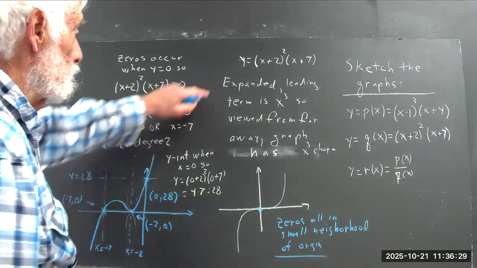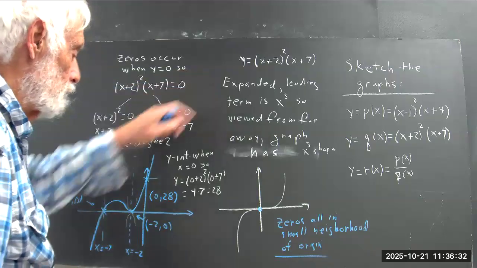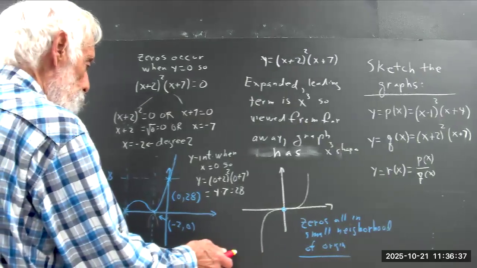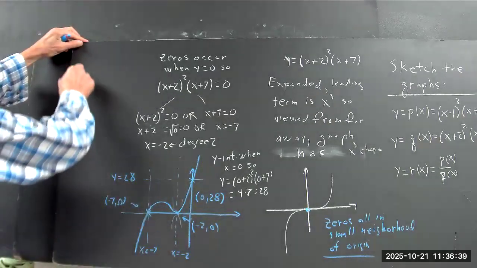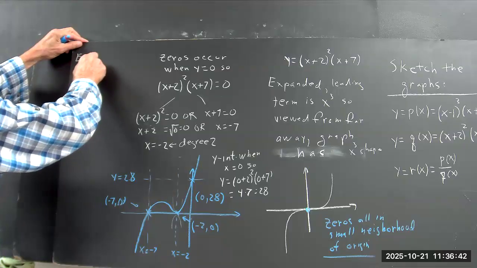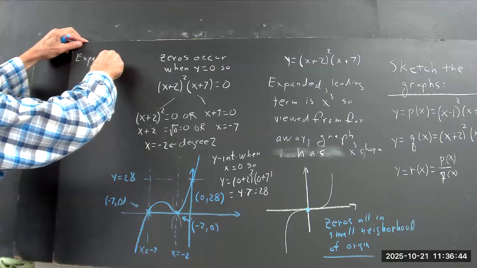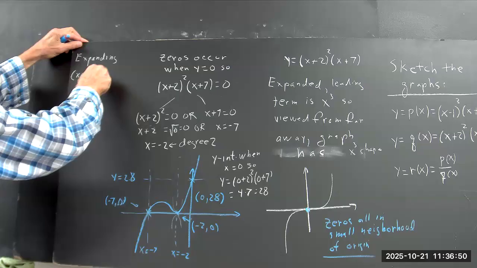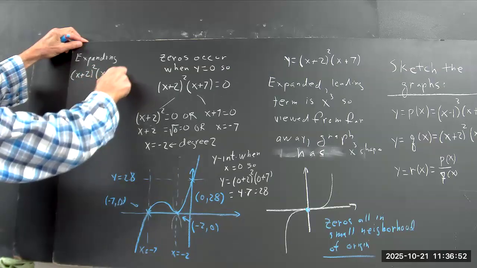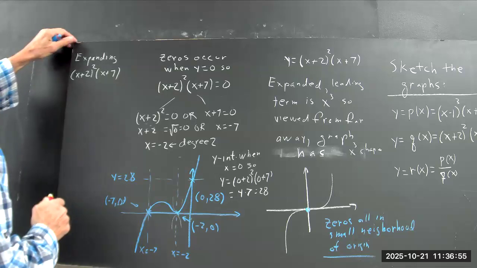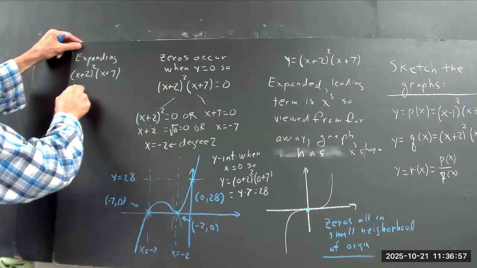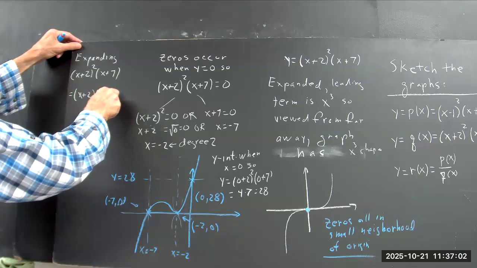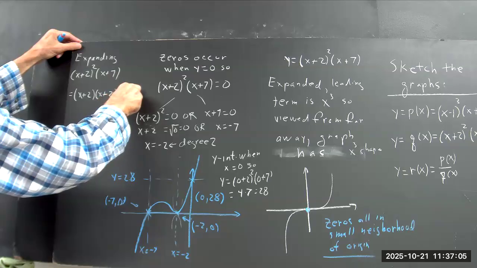Now, I said we're going to expand this just to show why you have an x cubed. So I'm going to go ahead and do that. We expand this. Okay, well, that equals x plus 2 times x plus 2 times x plus 7.